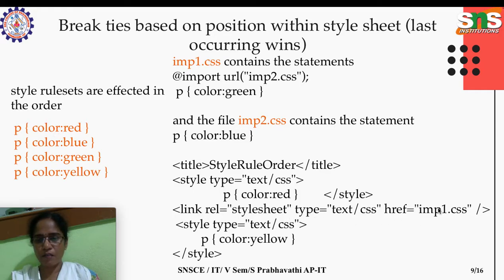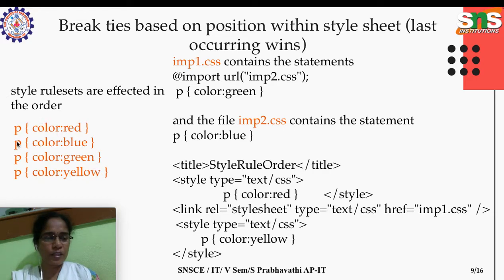In implementation 1 we have implementation 2, whose color is blue, followed by the color green. After this link element we have one more internal style sheet with the paragraph color yellow. The last one is yellow, which finally wins.